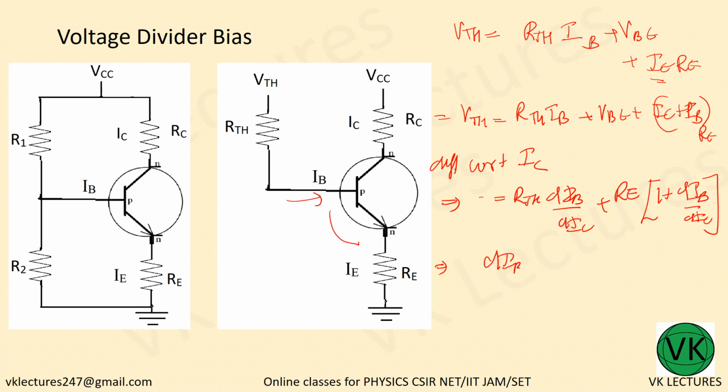So DIB by DIC is equal to minus RE divided by RTH plus RE.